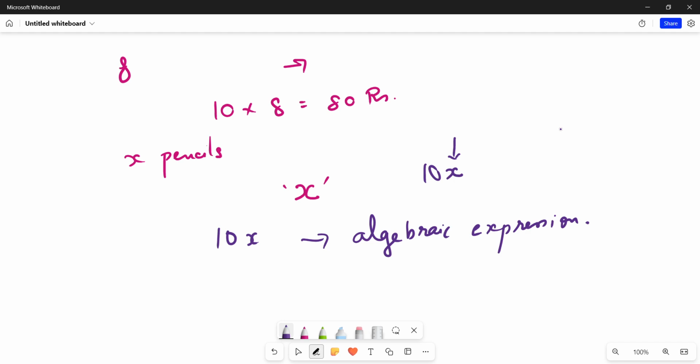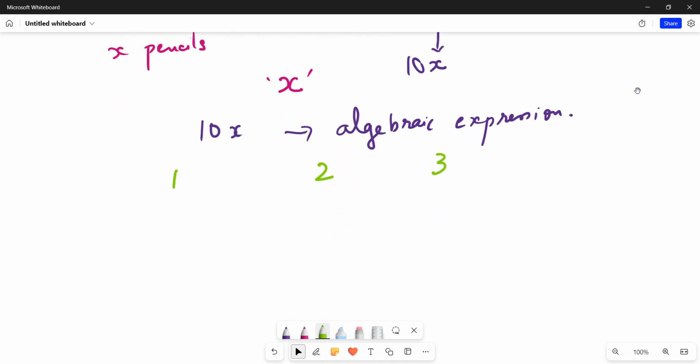Now let's say that there is a scenario where there are 3 shops, 1, 2, 3. And now the cost of the pencil varies in these shops. So one shop may charge say 12 rupees, another shop may charge 15 and the same old shop 10.